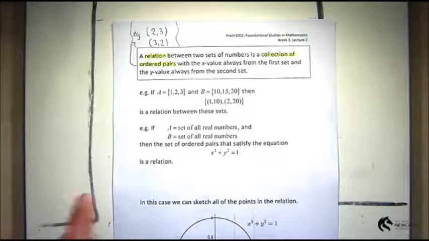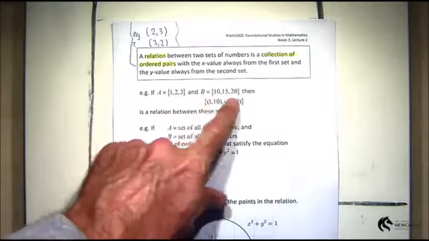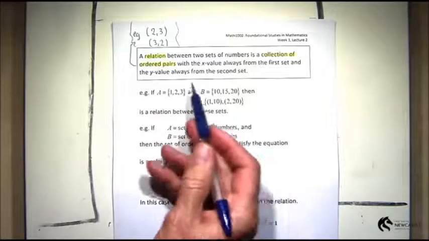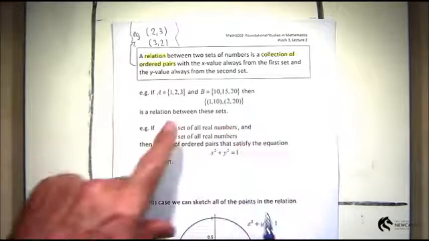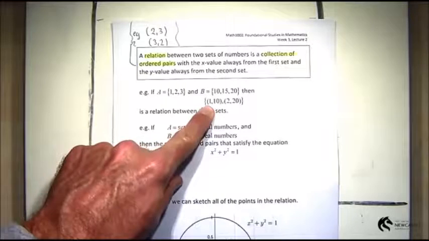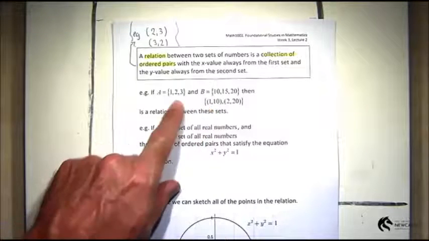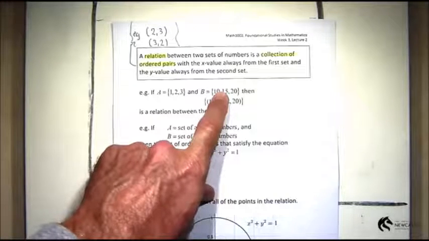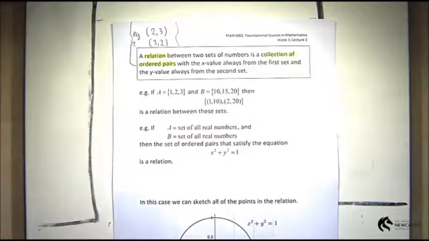So if I had two sets, 1, 2, 3, and 10, 15, 20, I could say, here's a collection of ordered pairs made up from numbers in here, where the x value, the first value, the abscissa, to use a big word on you, comes from A, and the second number in the pair comes from B.